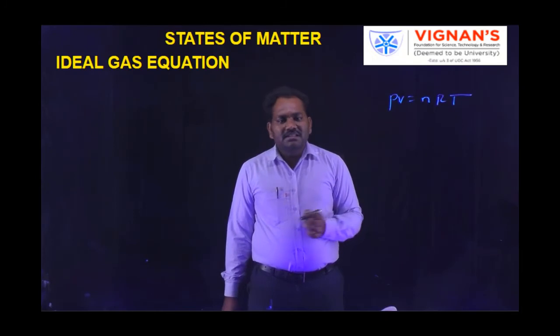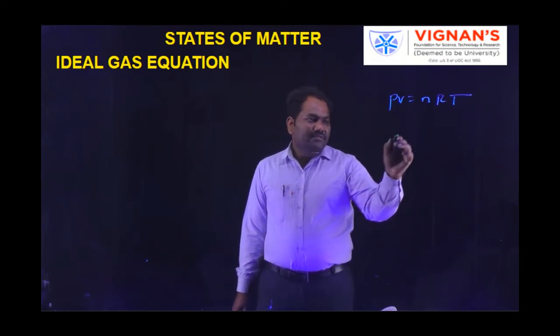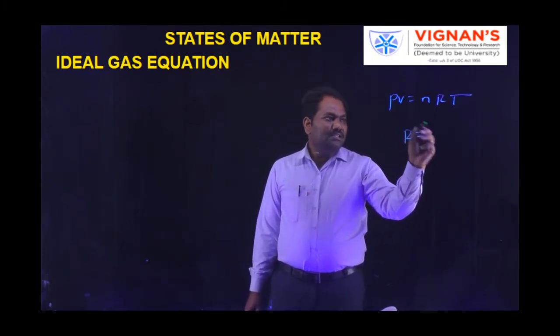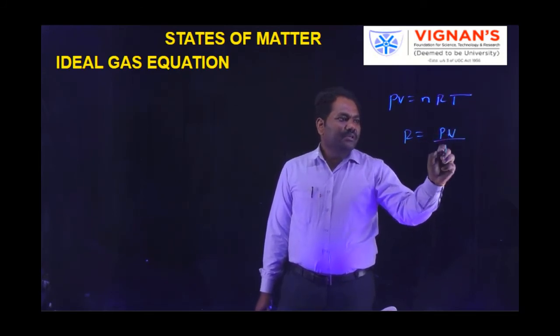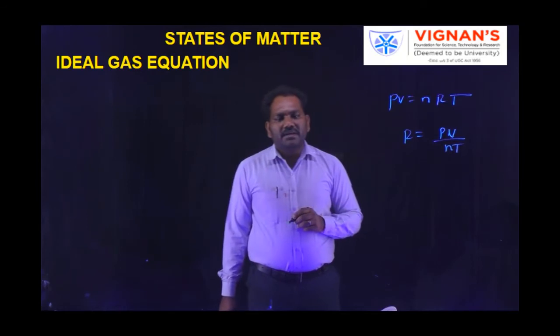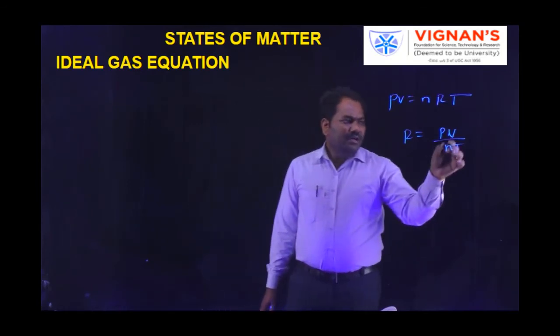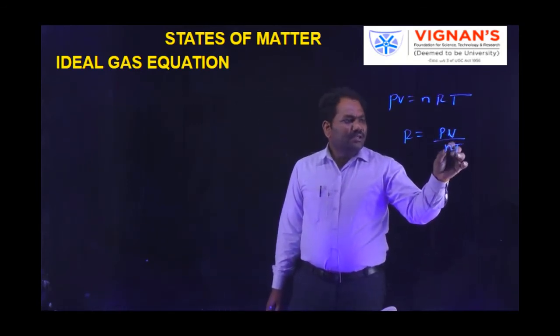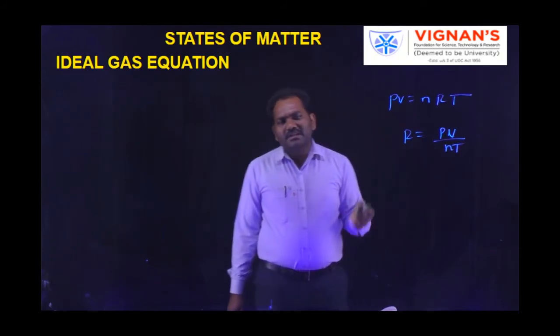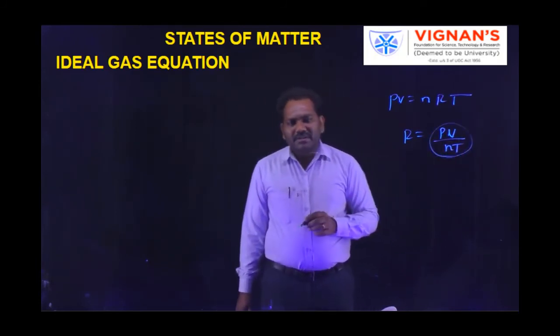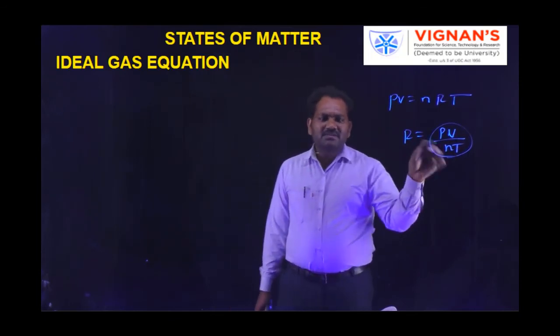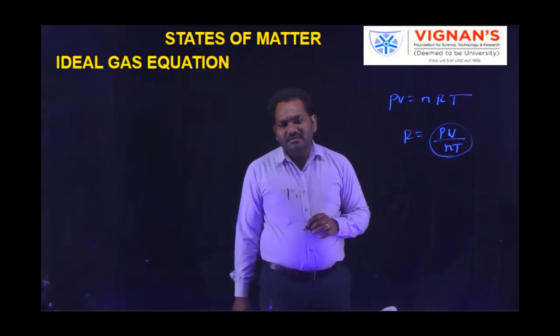R is nothing but PV by nT. Pressure, temperature, number of moles and volume are all measurable properties. By substituting these values, we can calculate the R value.